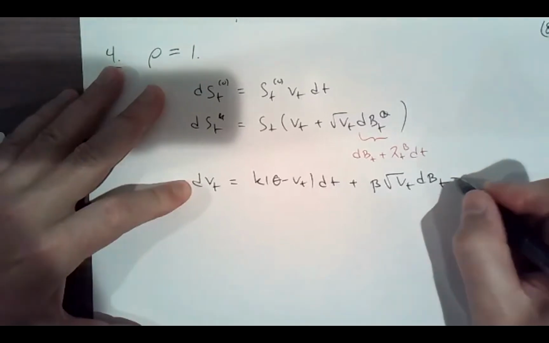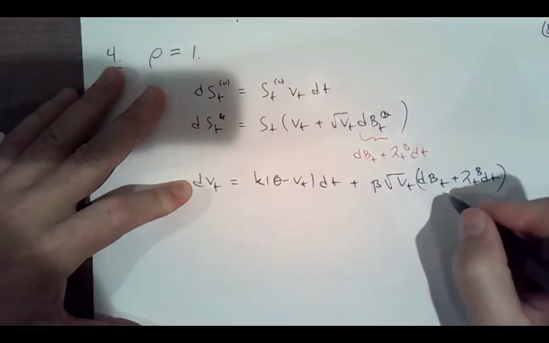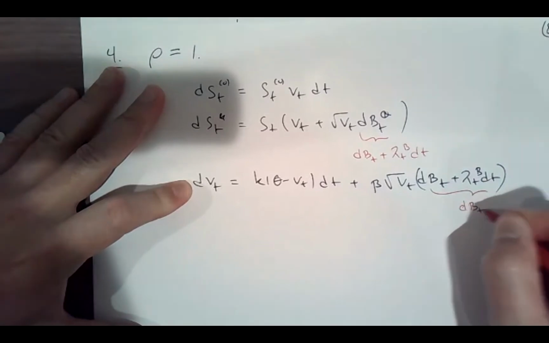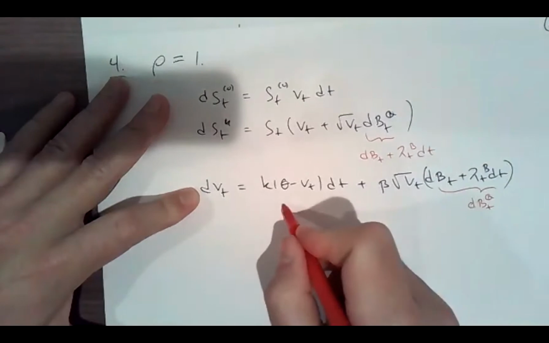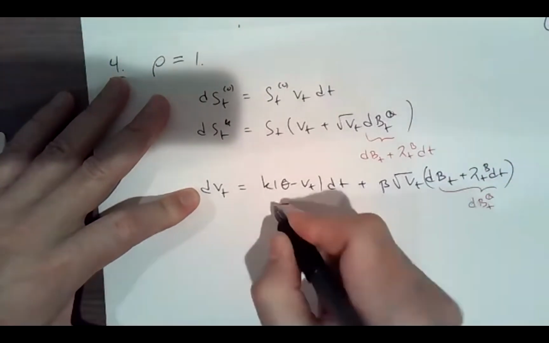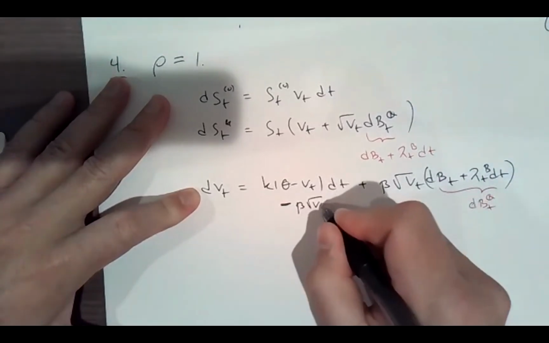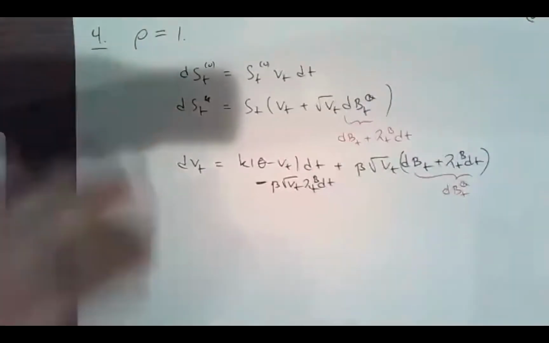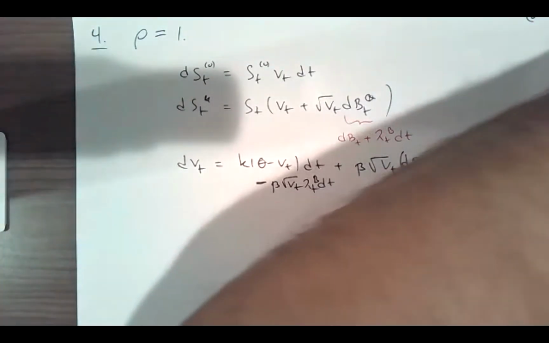I have to add lambda_t^B dt, making a correction, so I have a minus beta root V_t lambda_t^B dt.